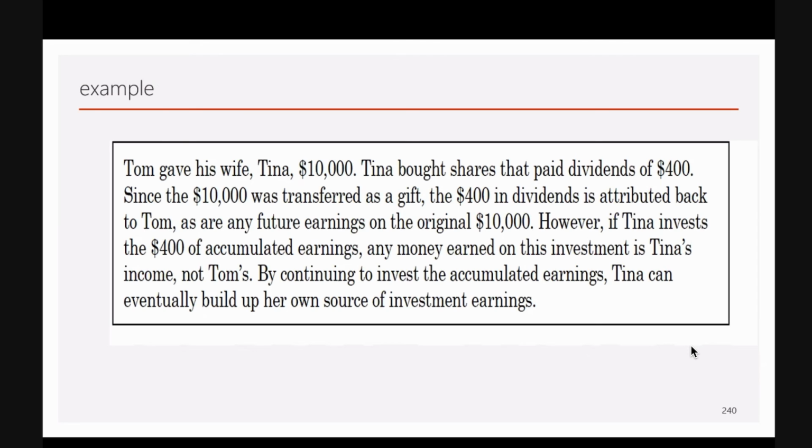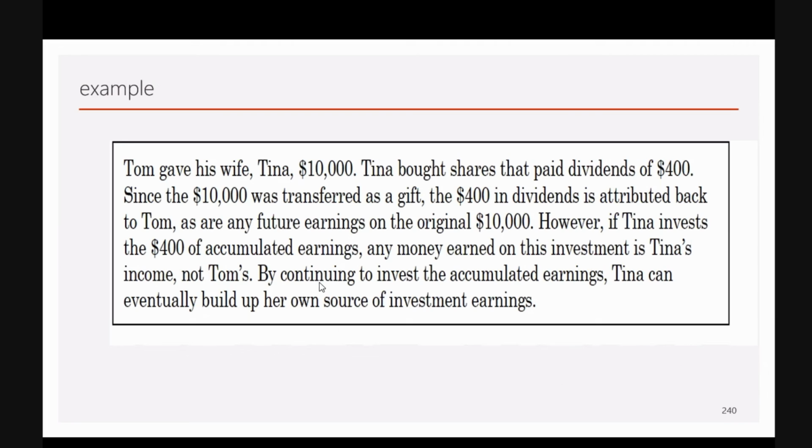Then they make another 2,000. That 2,000 Tina reports, not Tom, because that 2,000 income is not from the 10,000, it is from the second round of income.